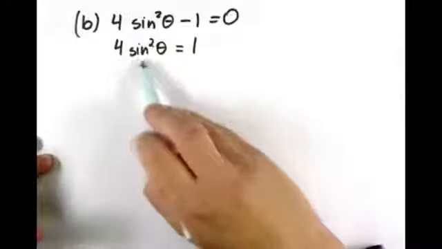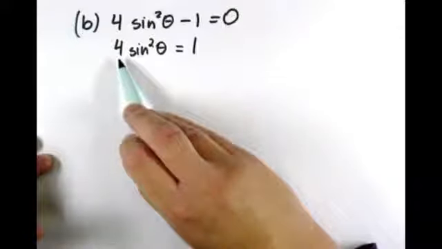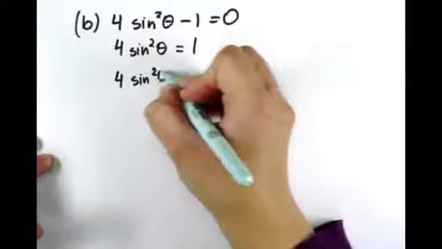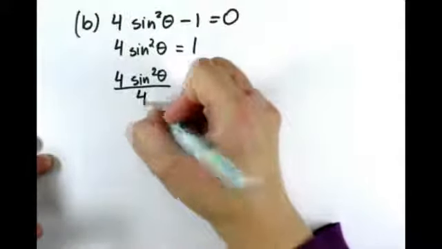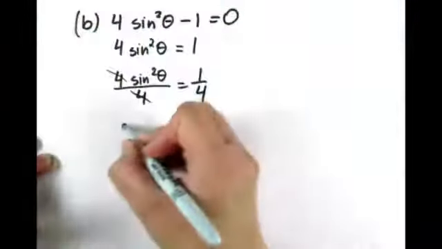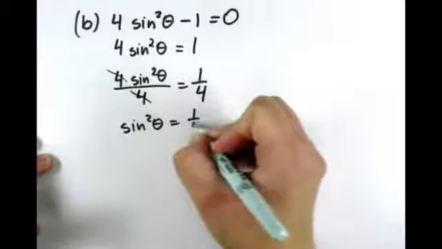Now I need to isolate sine square, so I divide by 4. 4 and 4 cancel out. So I have that sine square theta is equal to 1/4.